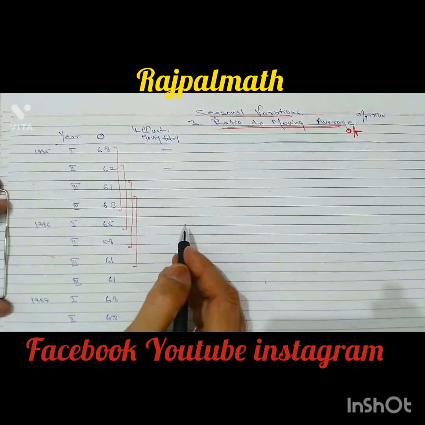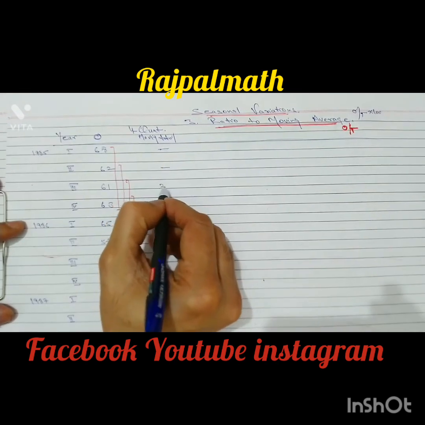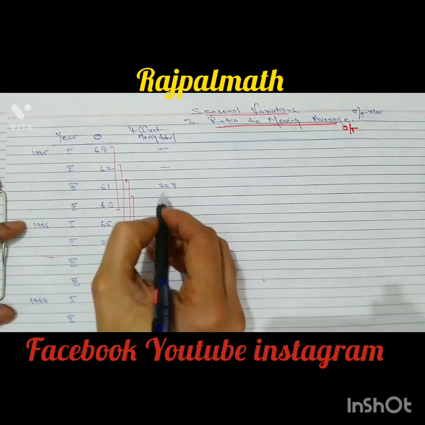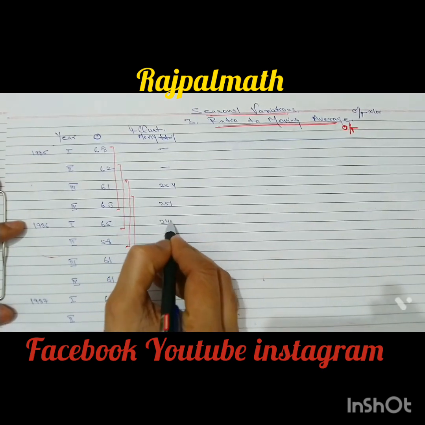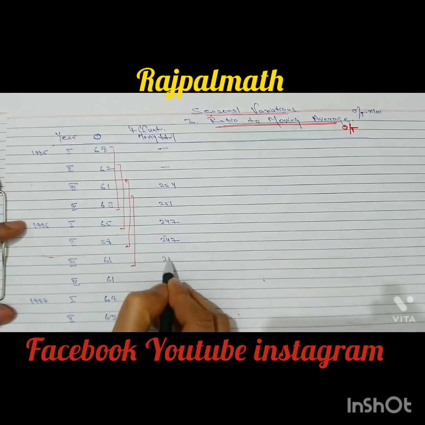Dash for the first 2 terms, then total of the first 4 is 254. Skip 1, total of the next 4 is 251, then 247, 247, 240.